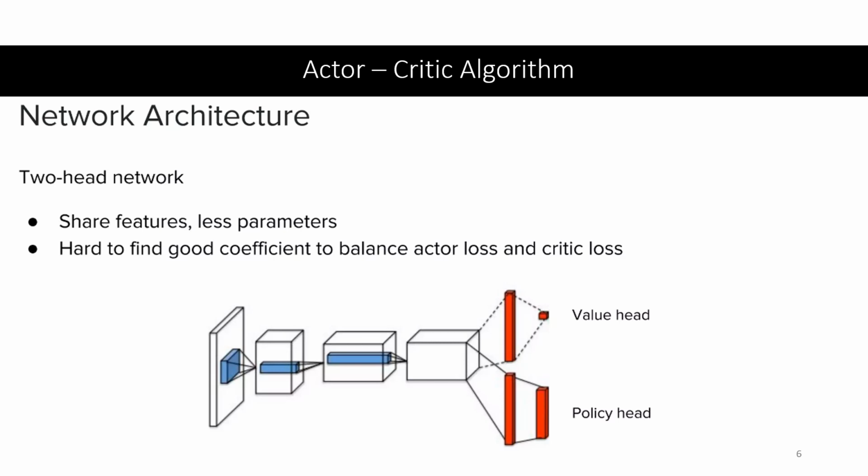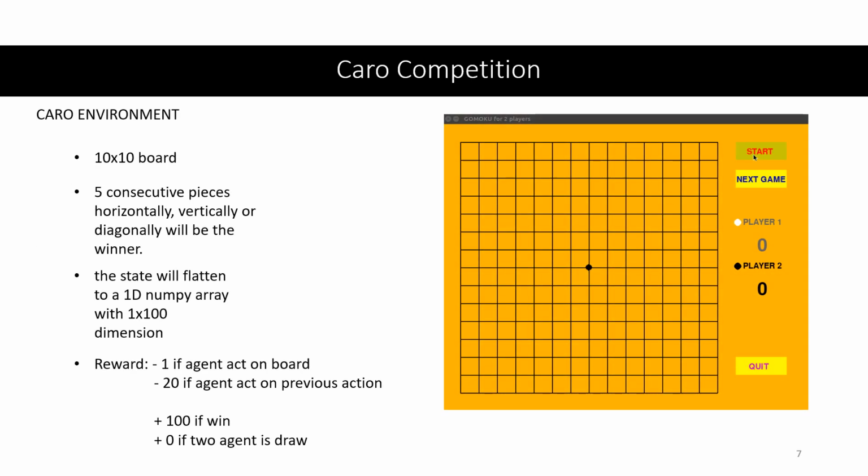Now to introduce the Caro competition. Given the Caro environment, we have a 10 by 10 board, and 5 consecutive pieces horizontally, vertically, or diagonally make the winner.